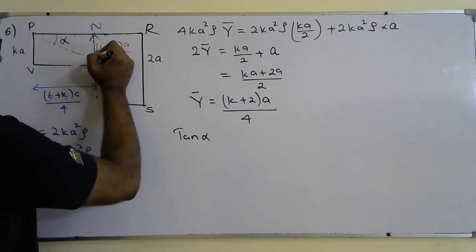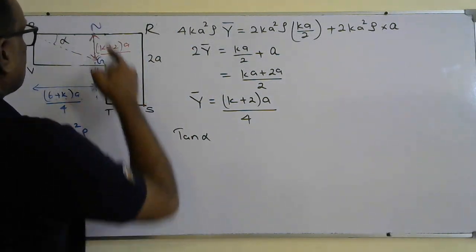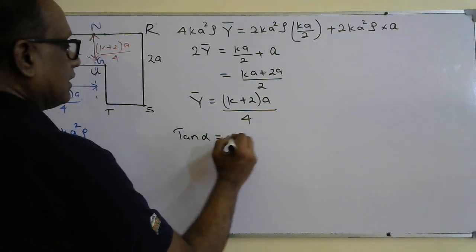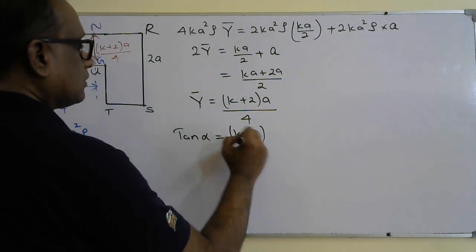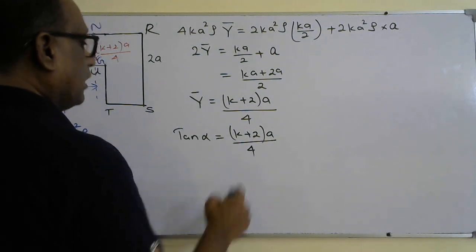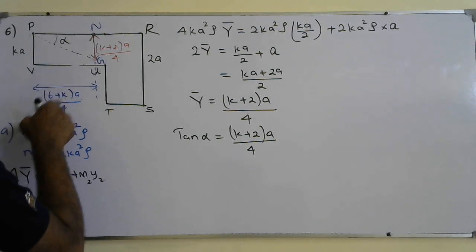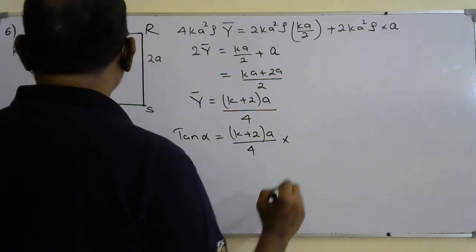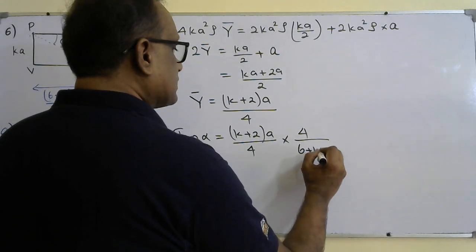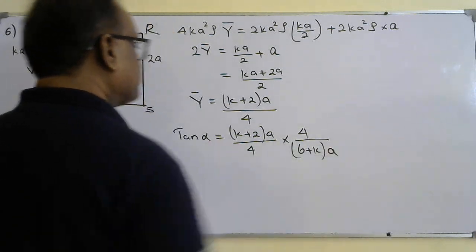NG is k plus 2 over 4 into a. So tan alpha equals NG over PN, that is k plus 2 a over 4 divided by 6 plus k a over 4, which gives 4 over 6 plus k, times a.